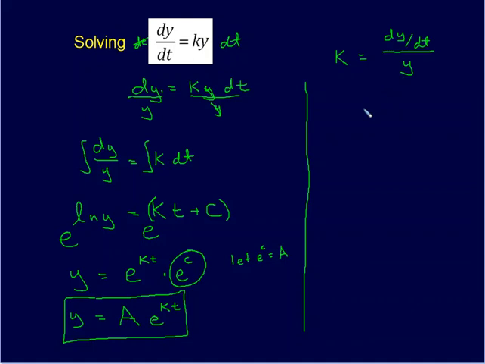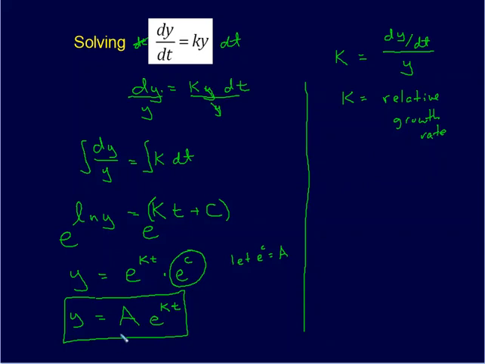So because of that, k is often referred to as the relative growth rate. Meaning, it's what you would get if you divided the rate at which the quantity is growing, like the rate of change of the population, divided by the population size. Okay, so we call that the relative growth rate.